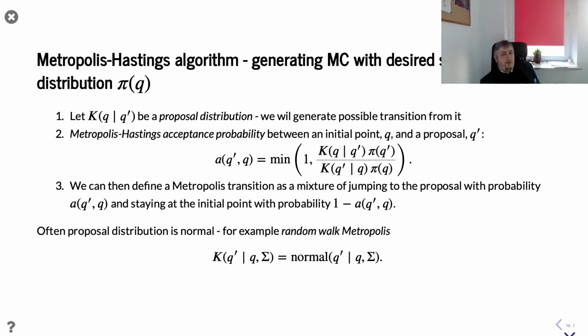We do not know how to generate samples from pi, the distribution of interest, because if we could, we would use Monte Carlo estimation directly and no Markov chain would be needed. But we can compute its value. And the idea is that we generate a possible transition from one point to another using our easy, known distribution.